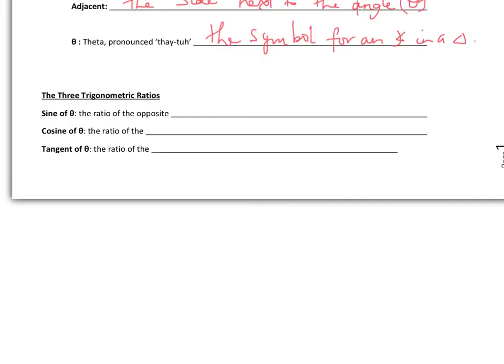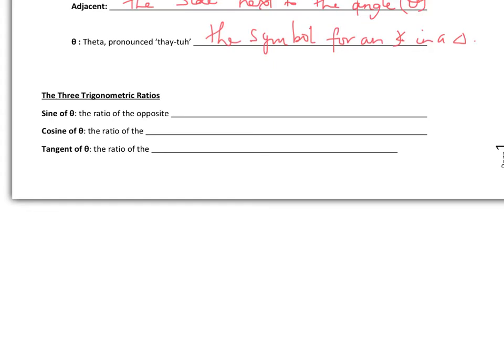Now in trig ratios, there are three important trigonometric terms that we need to know: sine, cosine, and tangent. You are going to be introduced to it now, but later on you'll definitely get into it when you get into Algebra 2 trig. In terms of sine of theta, it's also on the calculator. If you look on your TI-84, it's there.